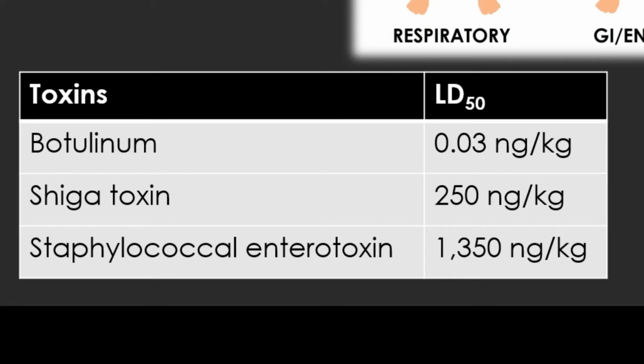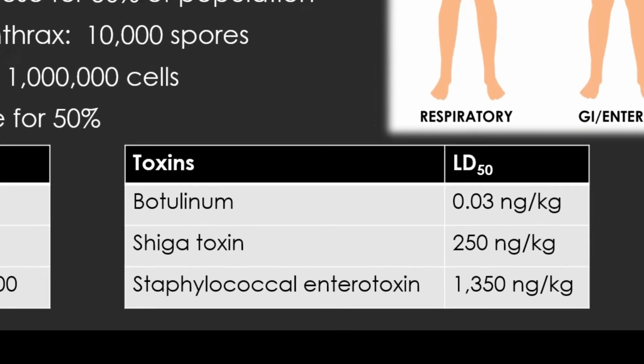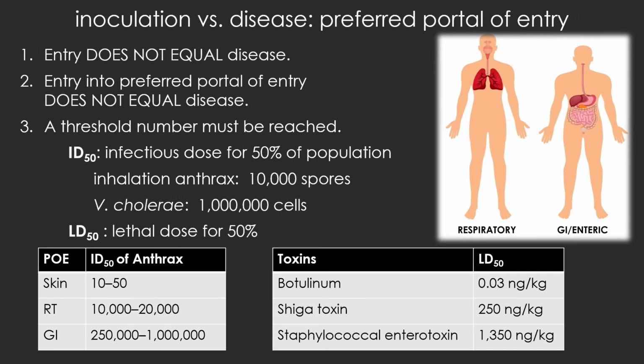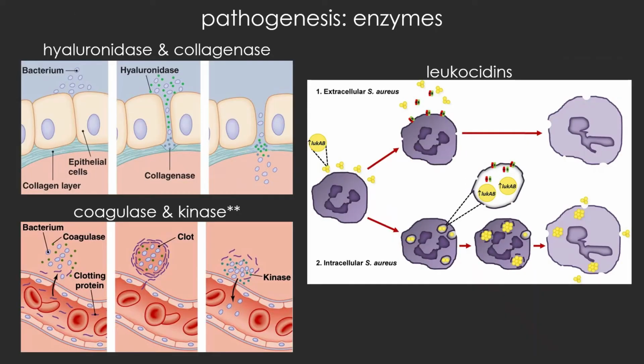So we're building this idea of exposure to disease. Now we understand you have to be exposed, it has to adhere to the right place, and it has to get there in sufficient number to cause infection. And then the next step in the parade is to invade into the body, which I mentioned earlier is helped along sometimes by enzymes. Now, there are dozens of microbial enzymes that we could talk about.